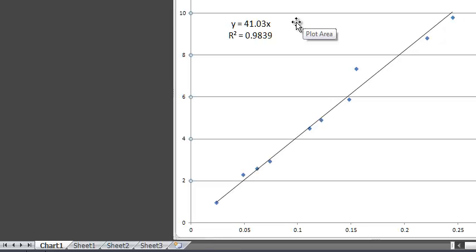So I'm going to take 40 minus 41.03, and of course that's a negative number, but take the absolute value, and then I'm going to divide it by 40, the correct answer, and then I take that times 100, which gives me a percentage, and my error percentage on this is 2.6%. Very, very good. Anything under 10% is wonderful. Anything under 15 or maybe even 20% is certainly acceptable.